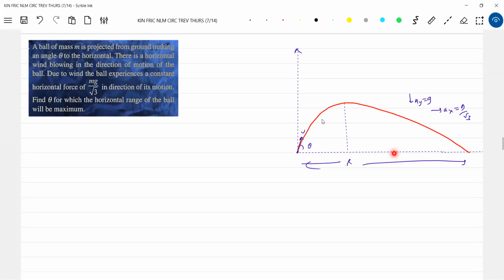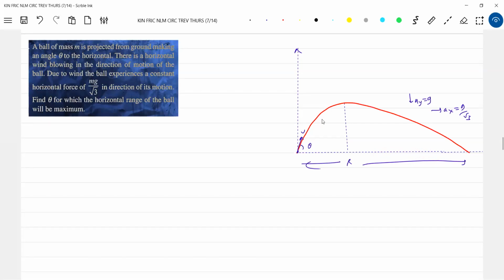But with acceleration, at t equals 0 and t equal to T by 2, in accelerated motion the distance covered in equal intervals of time increases with time. So I have to show this length more. This is very important: even the trajectory is very important when there is a horizontal acceleration.